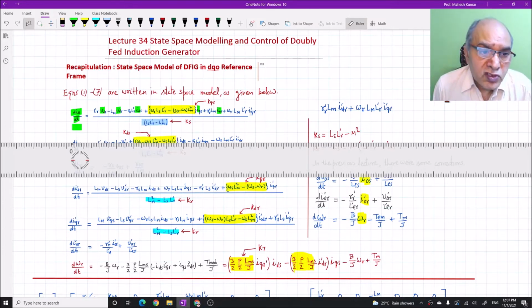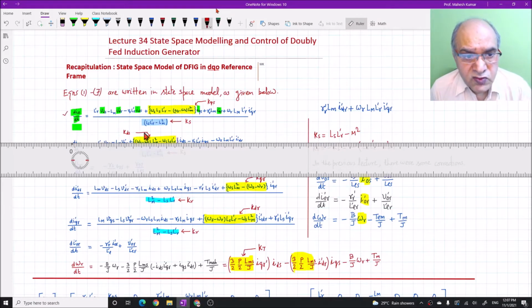Okay, so you see that the first equation, that is dids by dt, is a function of vds, vdr dash, ids, then iqs, idr dash and iqr dash. In the denominator we have a term Ls Lr dash minus Lm square. We will denote the denominator as Ks.